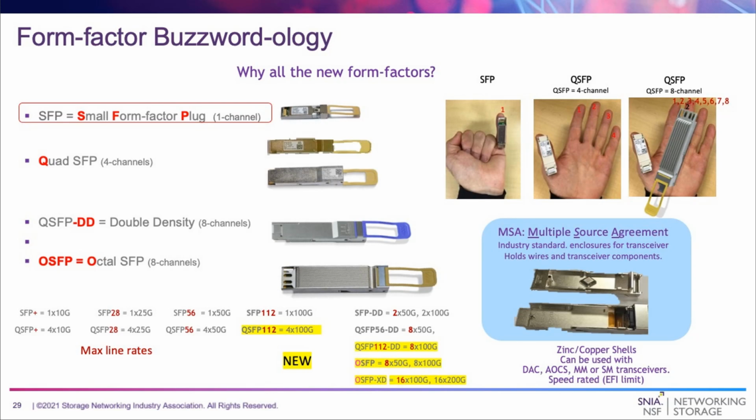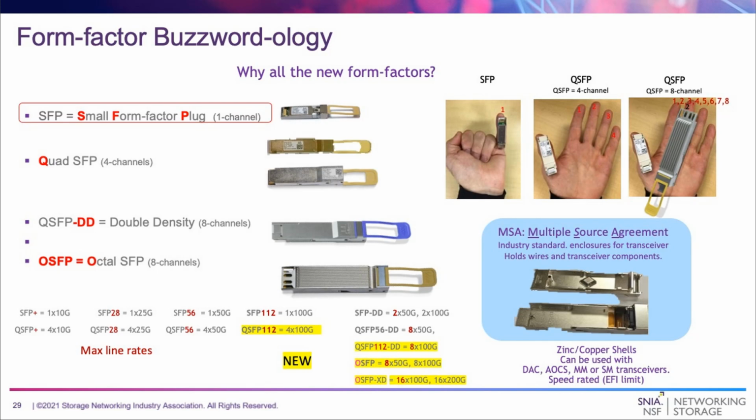It's not small at all, even though it's got small form factor plug in the name. And that also has 8 channels, but it's 8 channels across the end instead of 2 rows. And there's a new one coming called the OSFP XD, which has 16 channels with 2 rows of that as well.